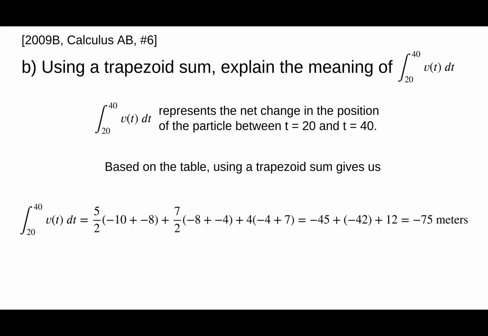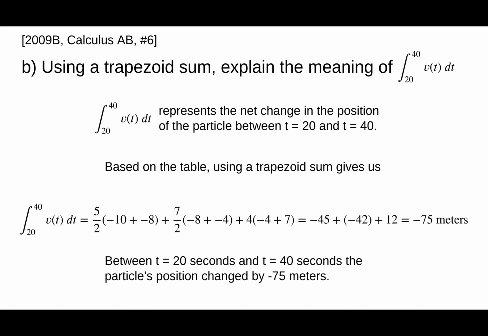So the integral from 20 to 40 of v of t dt is going to be 5/2 times negative 10 plus negative 8, plus 7/2 times negative 8 plus negative 4. I'm sorry, it's not the width of the second interval, it's the width times the 1/2. Plus 4 times negative 4 plus 7. And if we simplify that, we get a total of negative 75 meters. So the particle has had a net change in position of negative 75 meters, indicating it's 75 meters to the left of where it began.